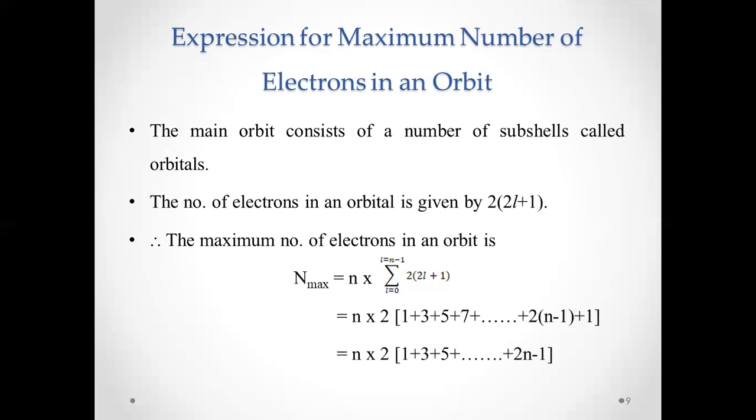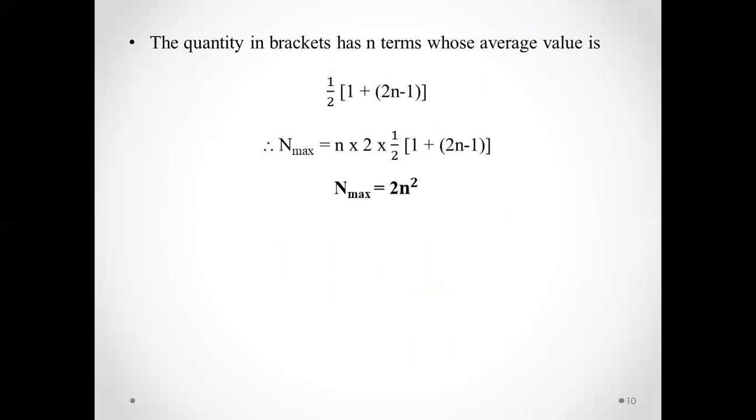If we simplify this, we get n into 2 into (1 plus 3 plus 5 plus, etc., plus (2n minus 1)). The quantity in brackets has n terms whose average value turns out to be half into (1 plus (2n minus 1)).